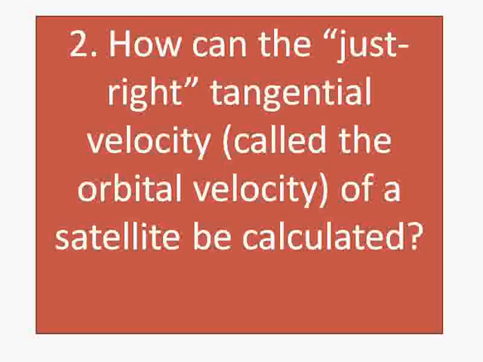How can the just right tangential velocity, called the orbital velocity, of a satellite be calculated? Remember we talked about the moon having that just right velocity. Wouldn't you love to be able to calculate that? I know. Well, now you'll be able to.